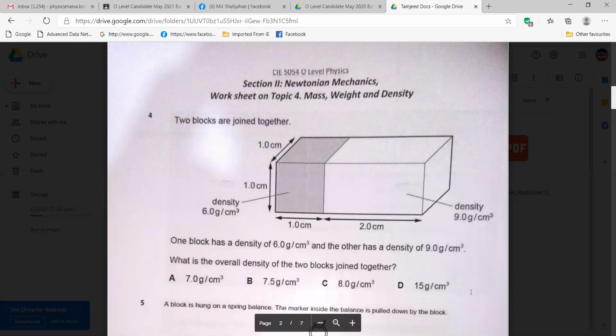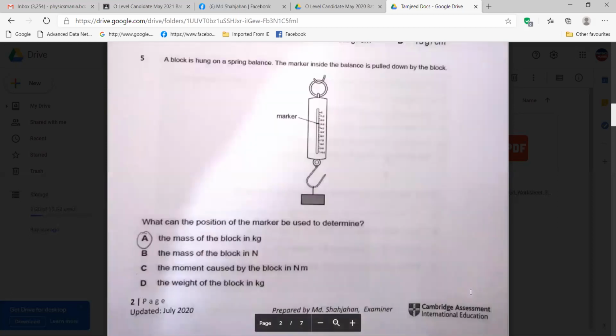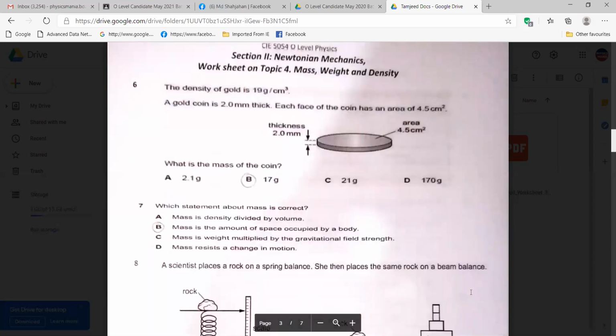Then next, which one was wrong? 7. 7, what did you give? B. Beside B, you write volume. Give one hyphen, then you write volume.